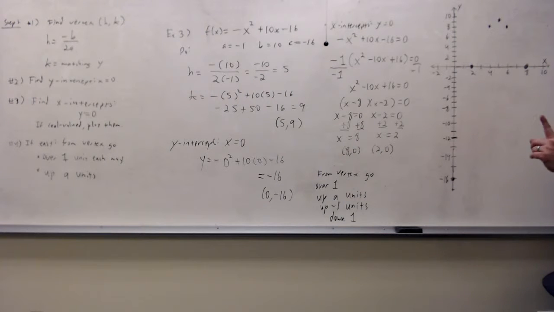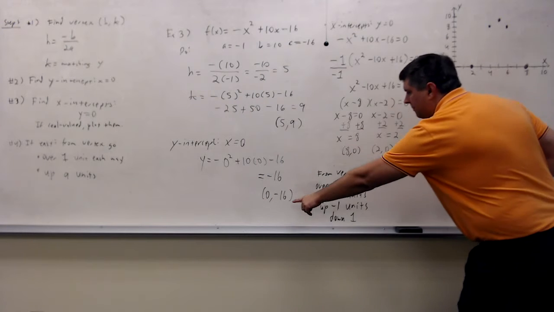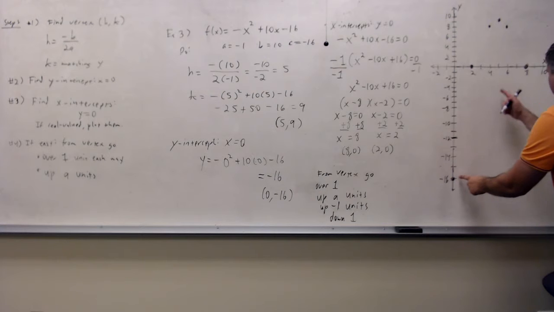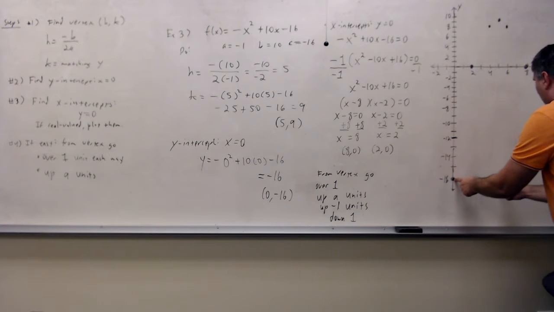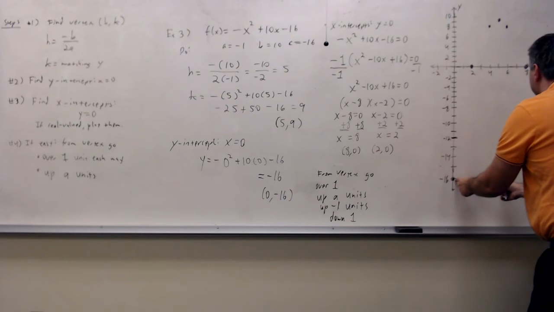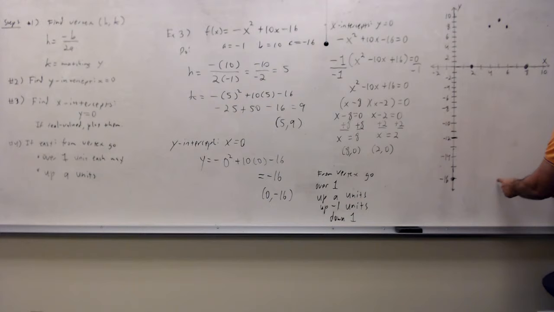In addition, I'm going to use the principle of symmetry on the y-intercept. From the vertex, I was 5 units over with a y-coordinate of -16. I'm going to do the same thing: 5 units the other way, y-coordinate -16.